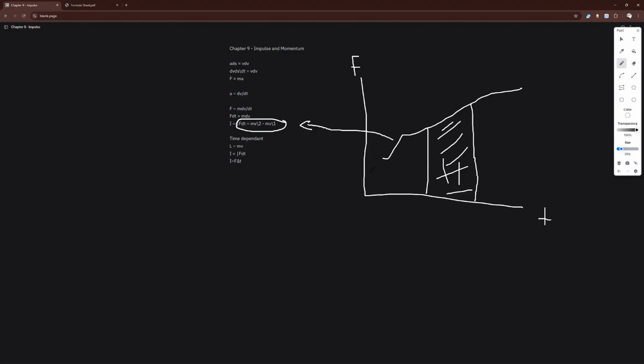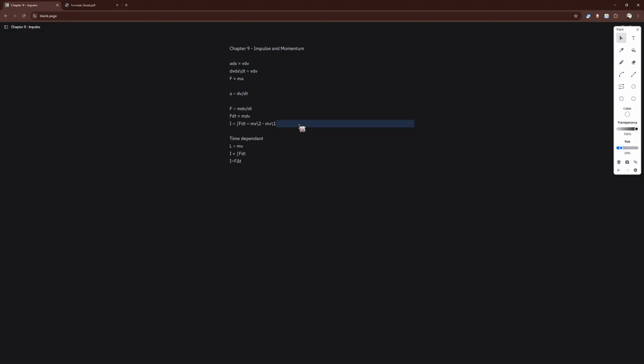So let's think about this equation, which is this one. I'm going to rewrite it as I is equal to mv2 minus mv1. Now, can you split this into your components? Well, yes, you can split this into x, y, and z components, right?